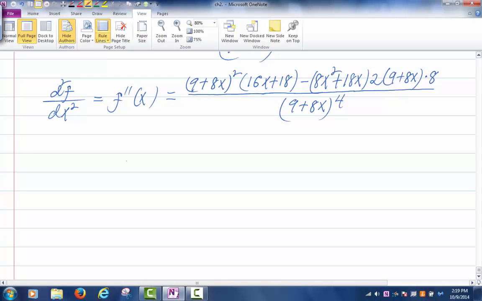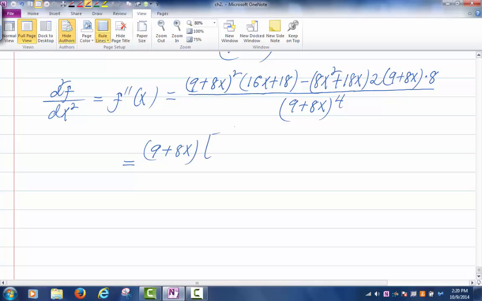So what do we get? How would you simplify this? Well, you just multiply out everything. However, it can save you a little bit of time if you factor out whatever you can first. So notice that we can factor out in the numerator 9 plus 8x.